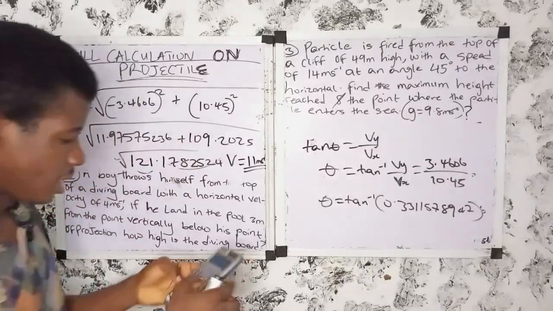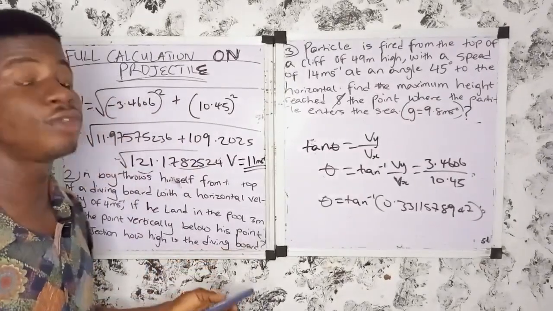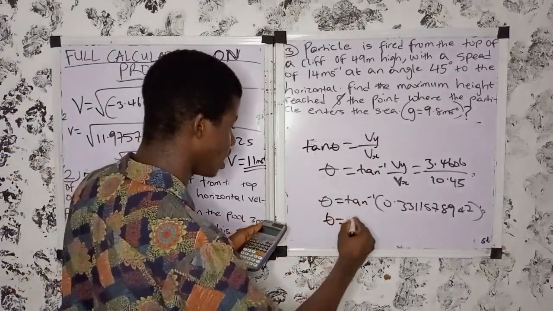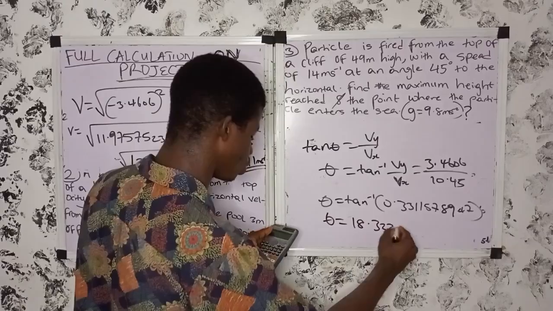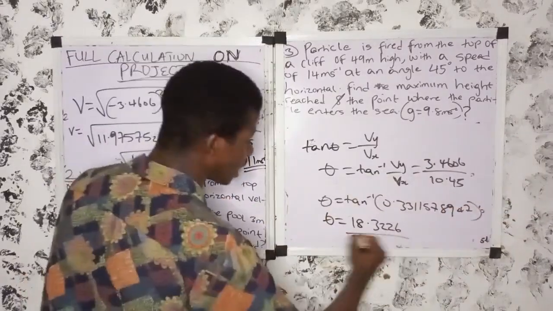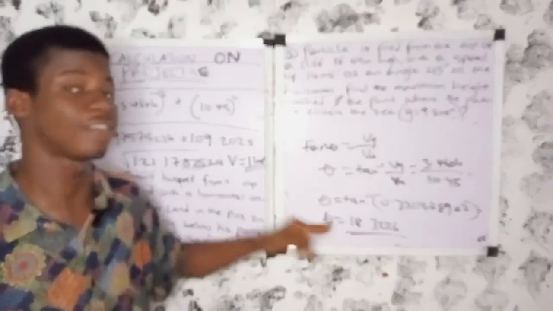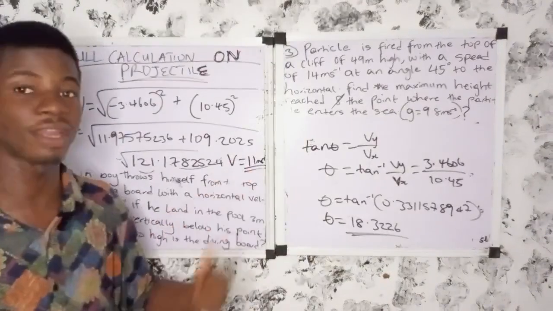Bracket close. If we look at everything, our angle is 18.3226. So this is the angle, the direction of the final velocity, while this is the magnitude of the final velocity.